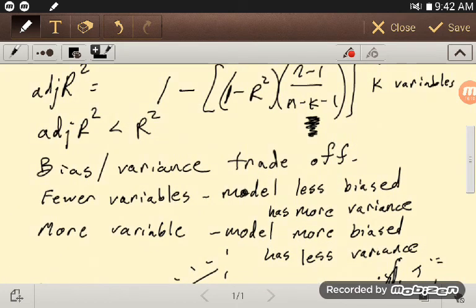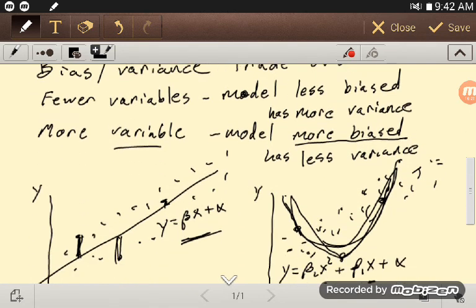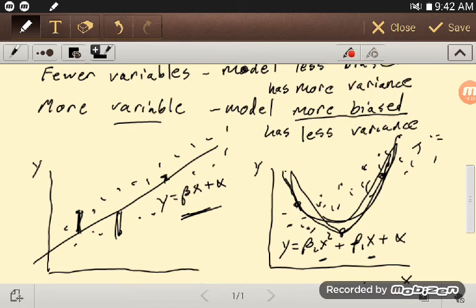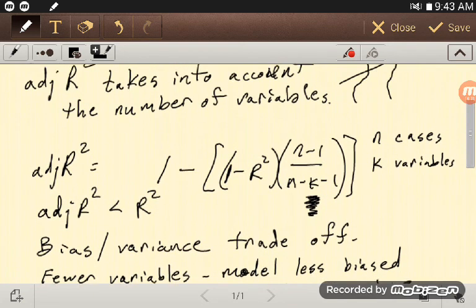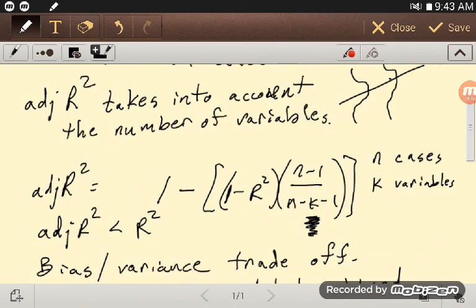It's always nice when we do more variables and we look at it and go, oh wow, the model fit great, but the problem is it's more biased. And so we don't want to do that. Okay, and again, there's our definition of adjusted R squared.